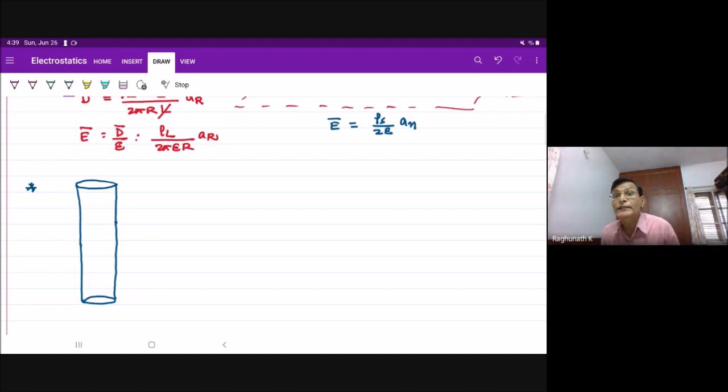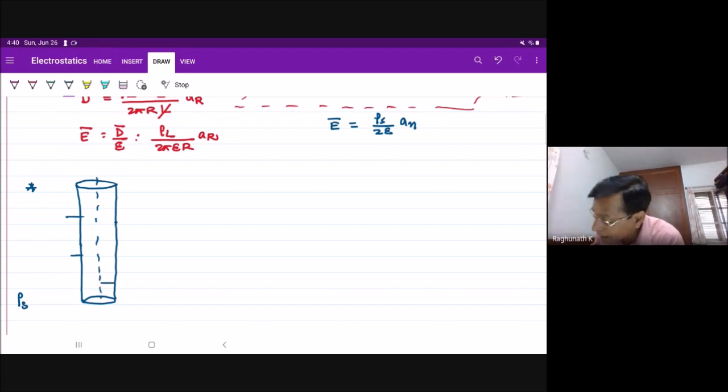If the conductor is a cylindrical surface, a hollow cylinder, it's a surface now, of line charge density rho L per unit length of this surface. Normally, it is not the line charge that we talk about here. It's a surface. Rho S is the surface charge density. Please check it.